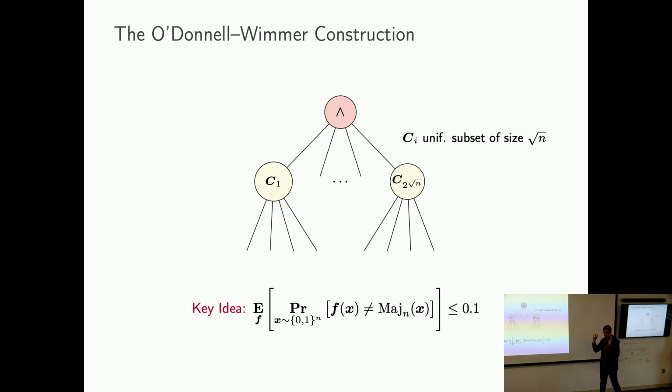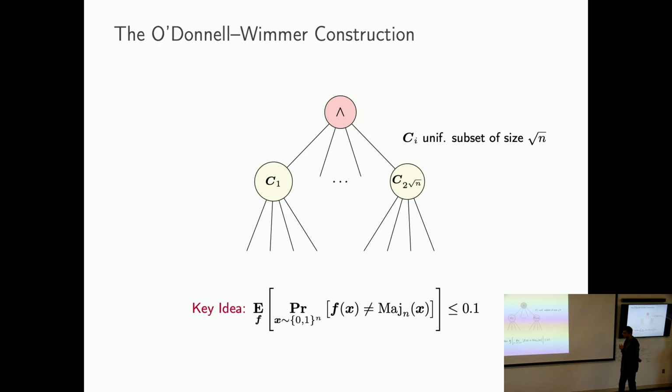So this tells you that in the support of this distribution, there is some function which approximates majority. It's a probabilistic method type of argument. Is this making sense? Yes, they don't construct it. It's existential, not constructive.